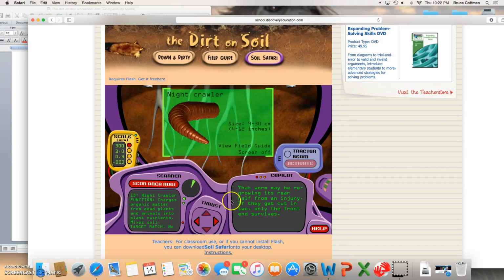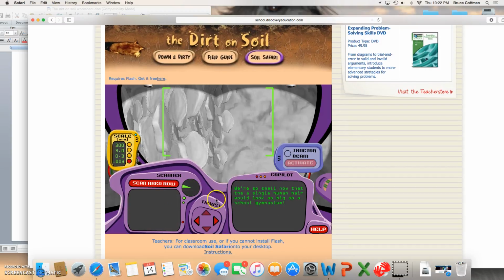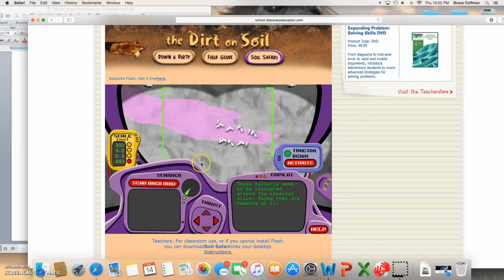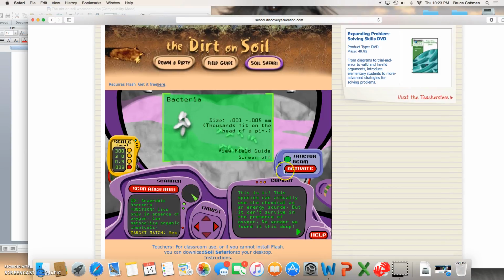Well, then you go through and you thrust and you get smaller and you can get really small. That's the tree root, and then I scan, and actually they have to go through a whole thing, and that's the bacteria. Target match, yes. And scan area now.